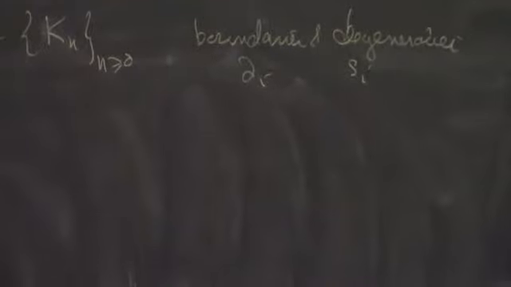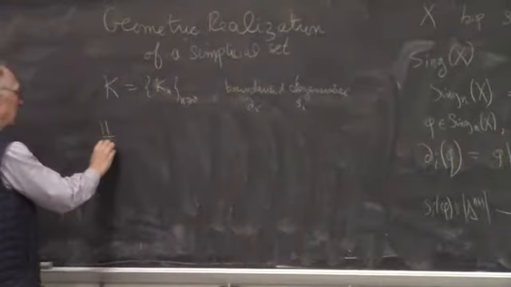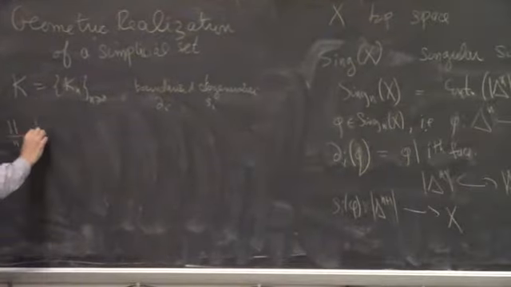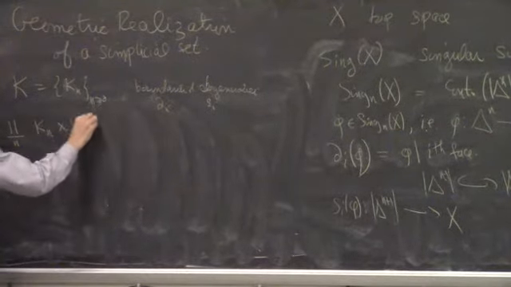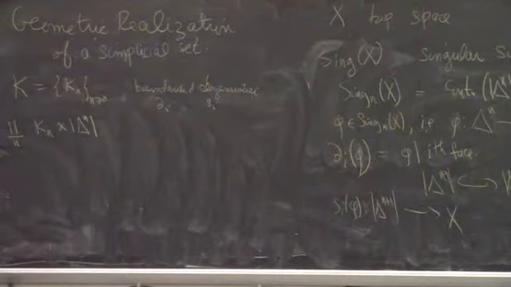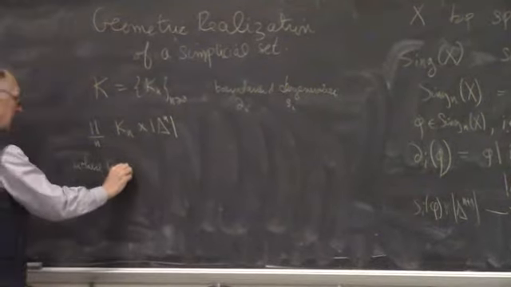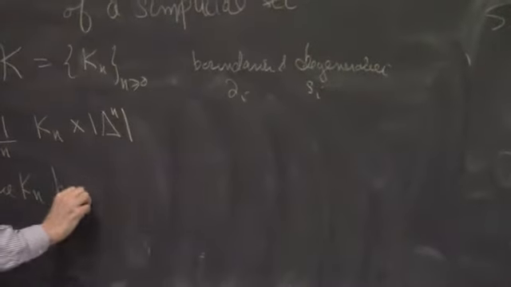I start with the disjoint union over n of K_n cross the geometric n simplex, where K_n has the discrete topology.